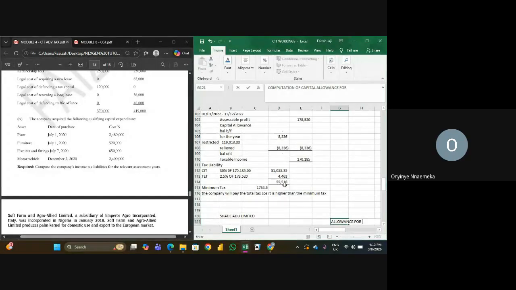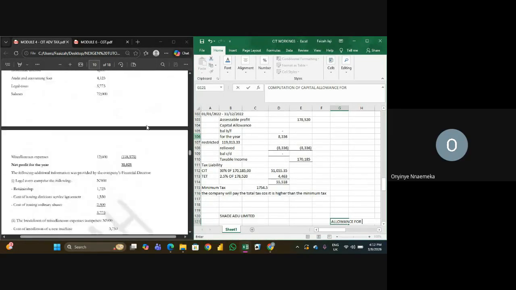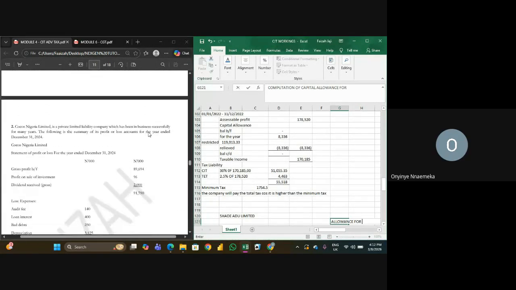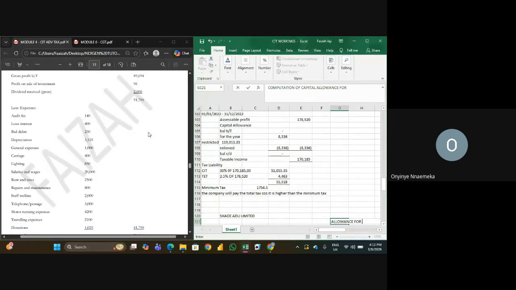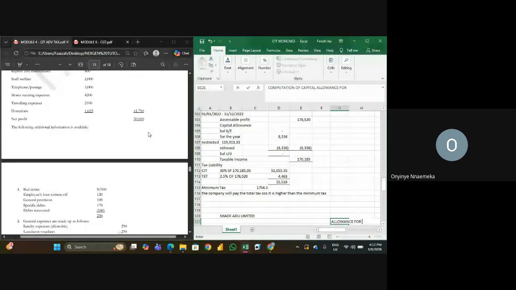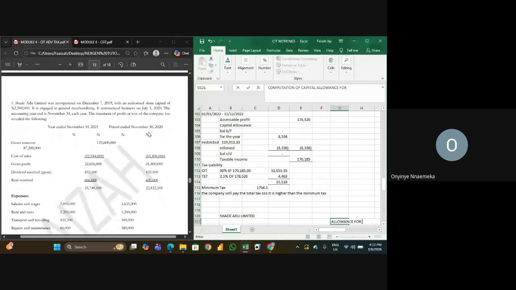So which year of assessment would it be? We have 2020 and 2021. Which year of assessment are we computing for?